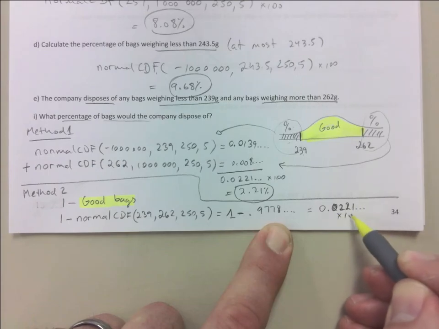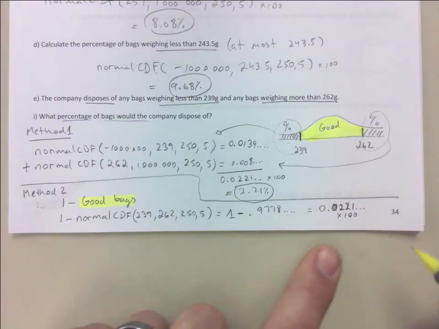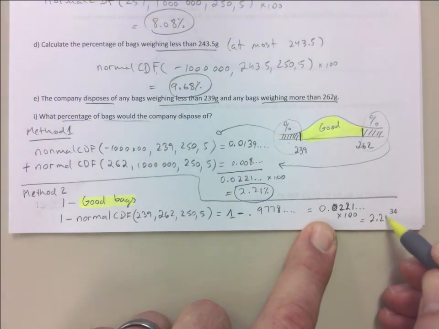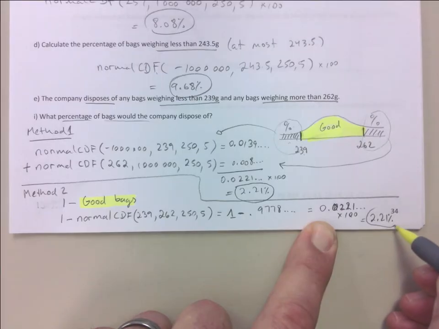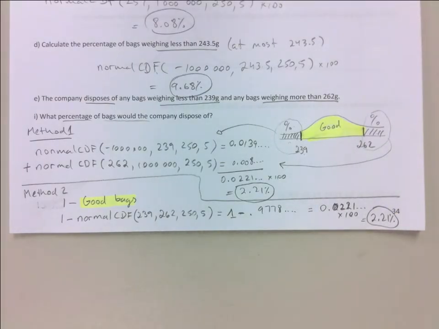If you multiply that by 100, you also get 2.21%. So regardless of what worked for you, you would be okay there.